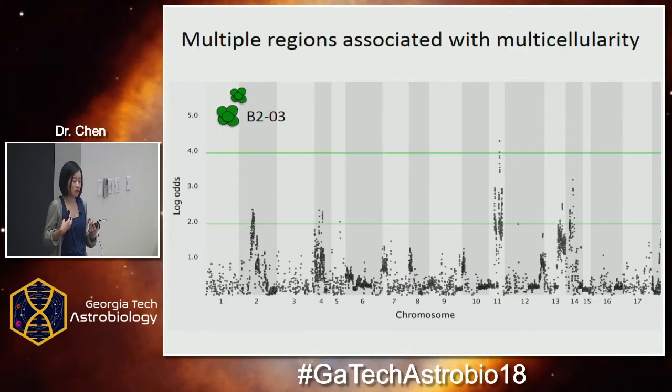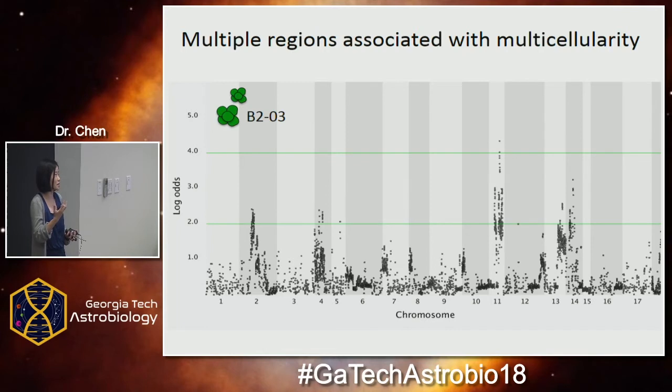And it turns out there are multiple regions in those algae's genome responsible for the multicellularity involved in our lab. So here are the results from the multicellular isolates from the B2 population. The y-axis means that, given the overall allele frequency in both unicellular and multicellular pools, the chance these alleles appear in the multicellular pool.